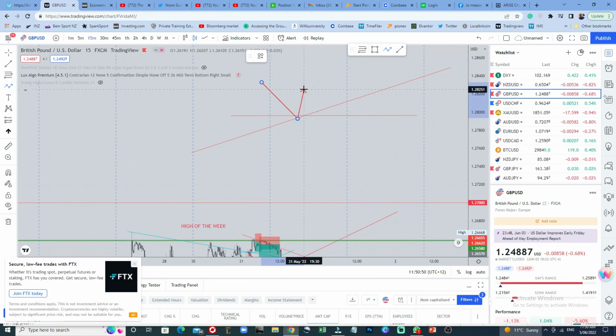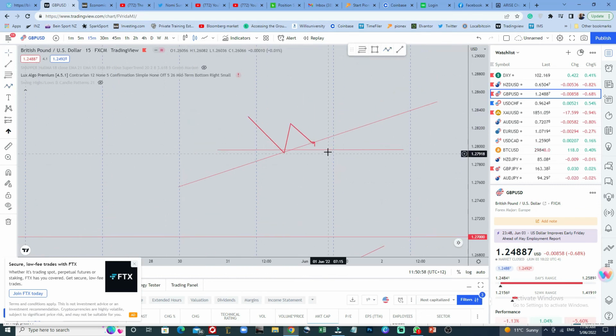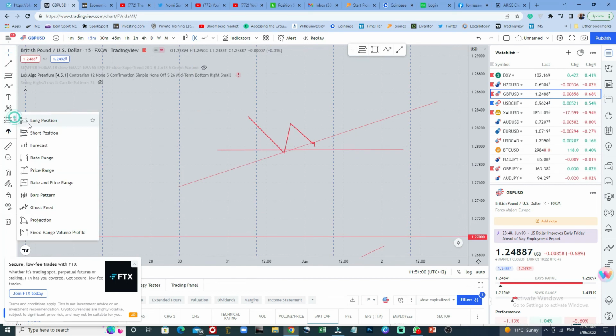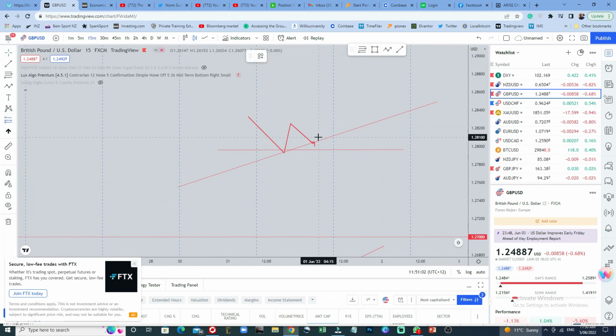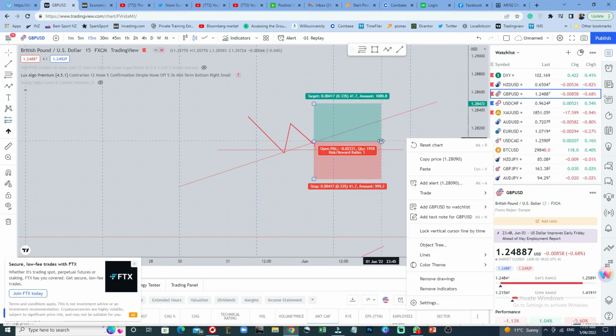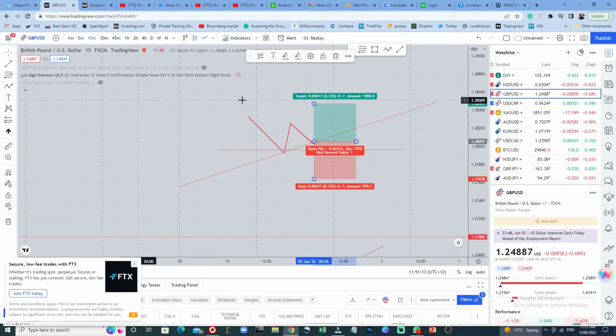Once the market makes a double top or a double bottom, you take it. Now it's trying to make, once it touches here, it gives a two touch. The first touch, second touch. This second touch, take a buy to the next line. So you just buy here.